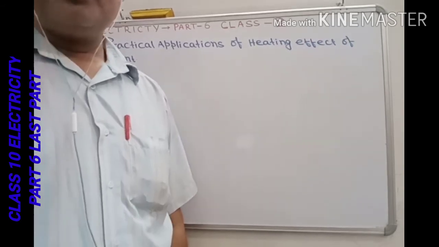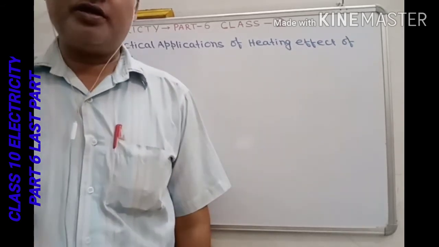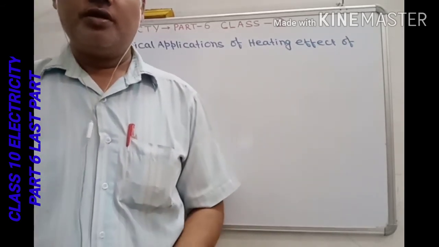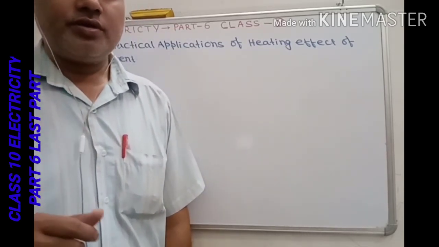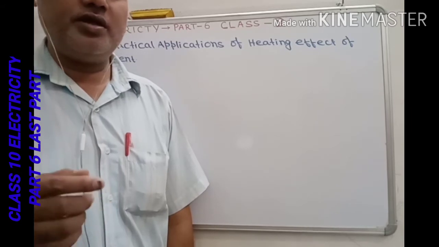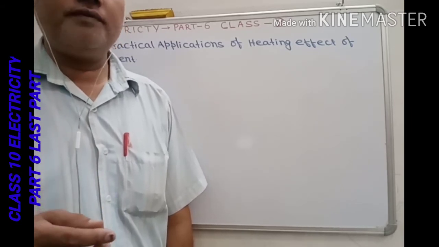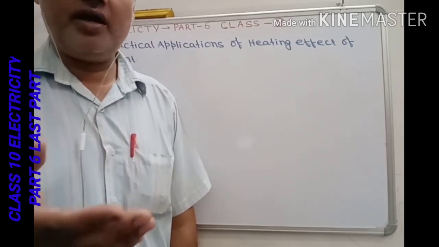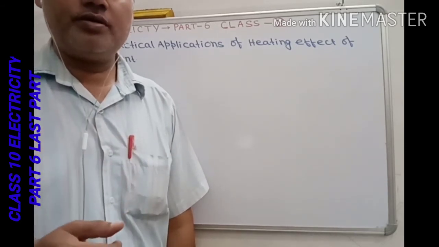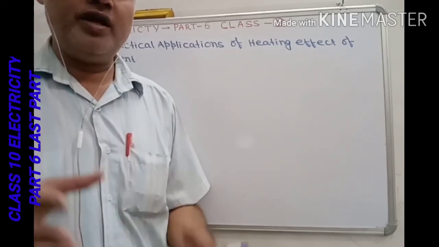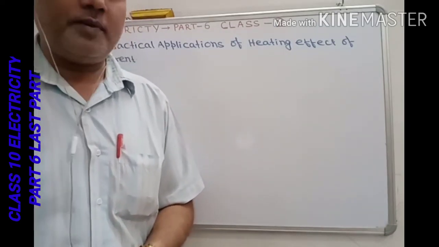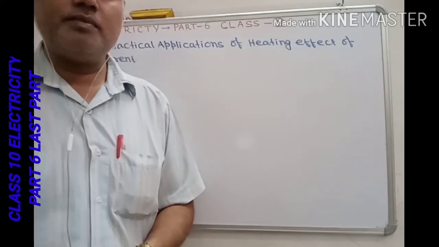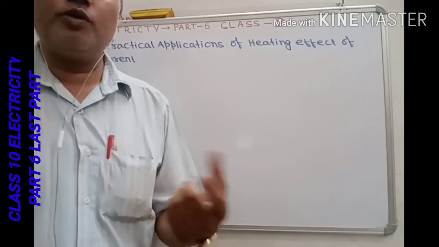Similarly, another application we might have observed in our homes is the electric fuse. The electric fuse must be of high resistance and low melting point, because when a large amount of current flows through it, it must melt and blow off.